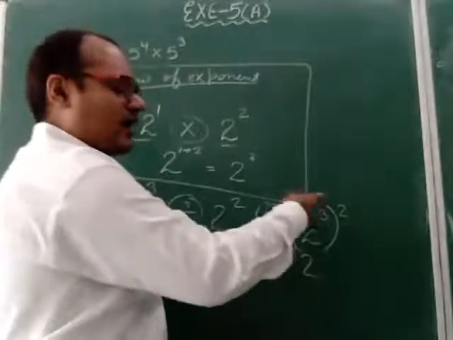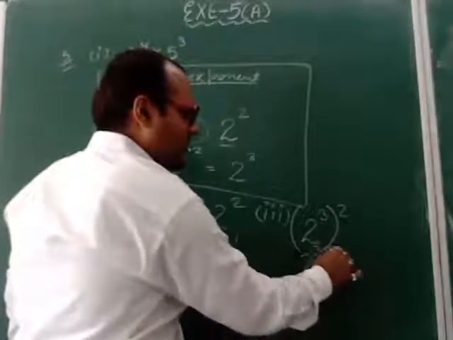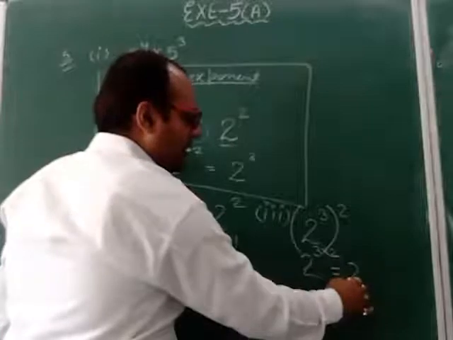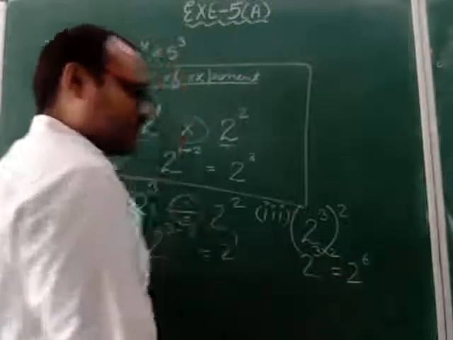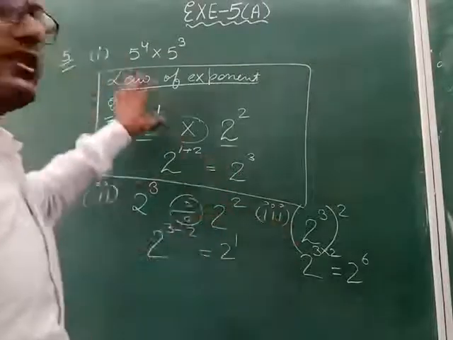Inside power and outside power we multiply. So here power is 3 multiply 2, so finally we will get 2 raised to the power 6. So all the three laws of exponent we have to use in this question number 5.